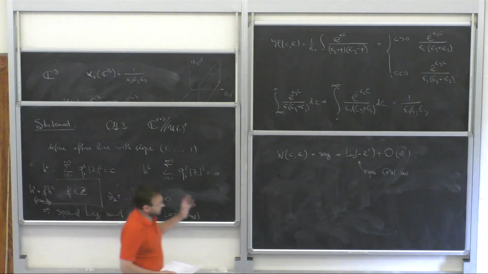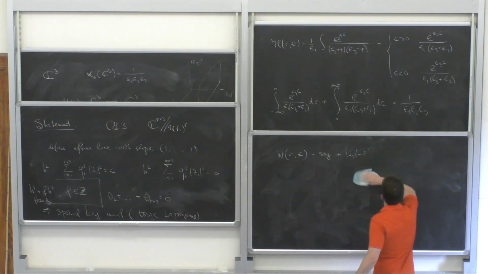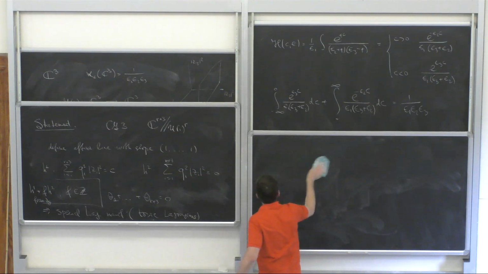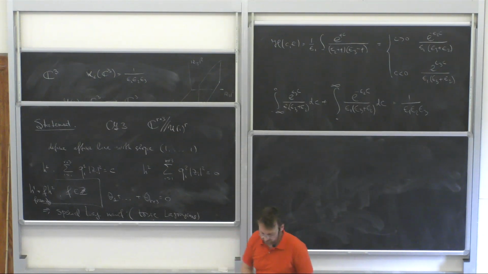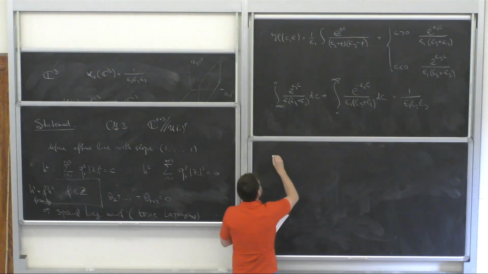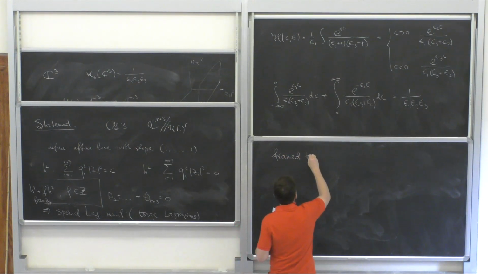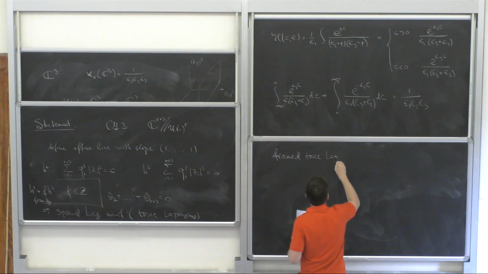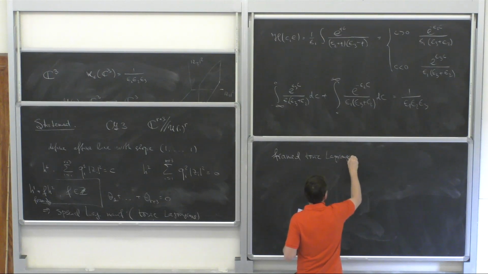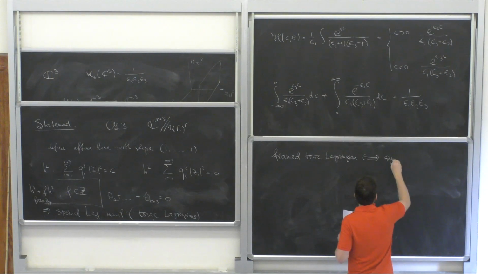And of course, for toric Lagrangian, there is also some local system, etc. But the statement we're interested in is that there exists a correspondence between framed toric Lagrangian and a symplectic cut.